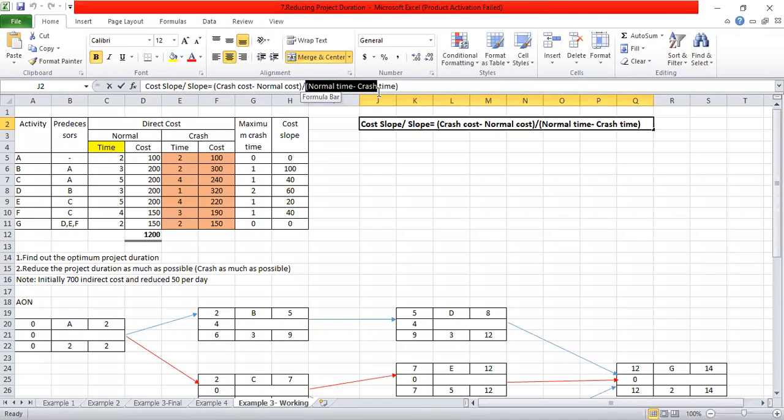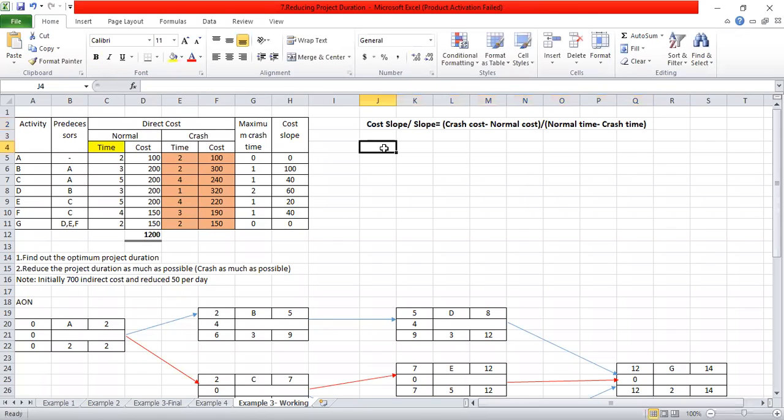This part, normal time minus crash time, is actually the maximum crash time, right? By using this part, you are able to get the crash time. So you know the amount of maximum crash time.